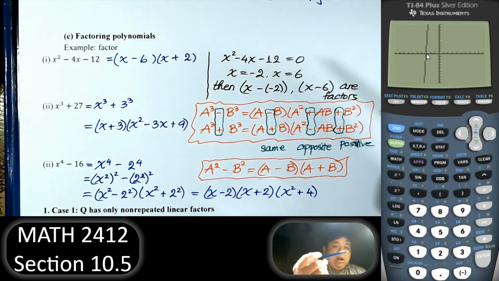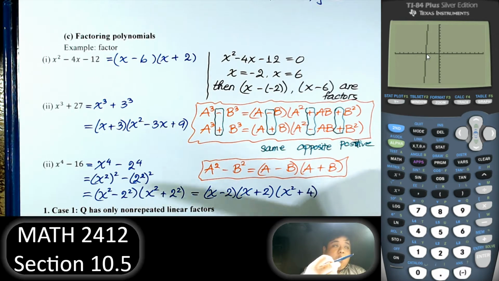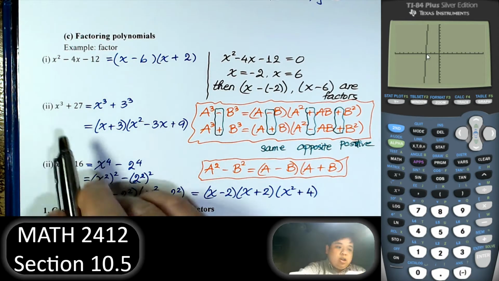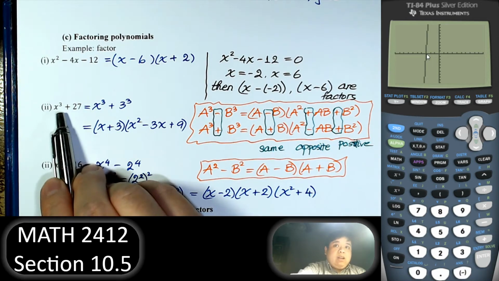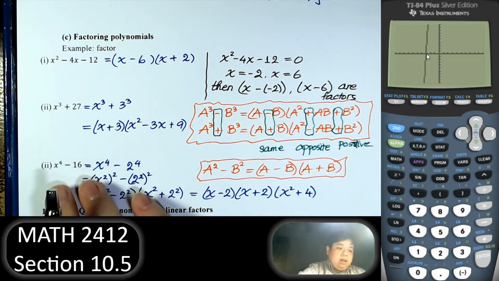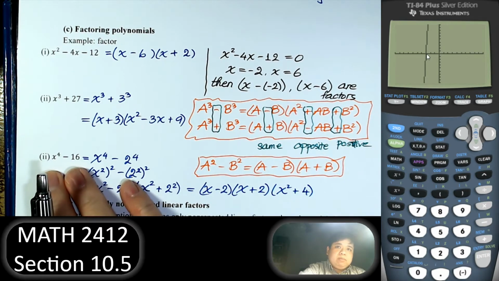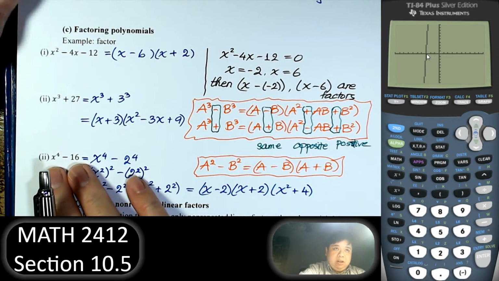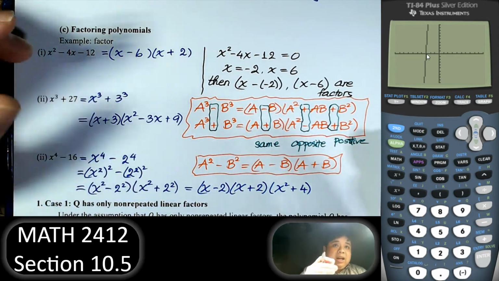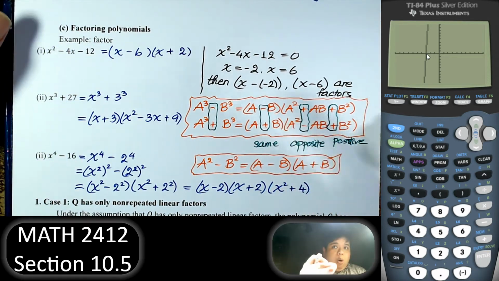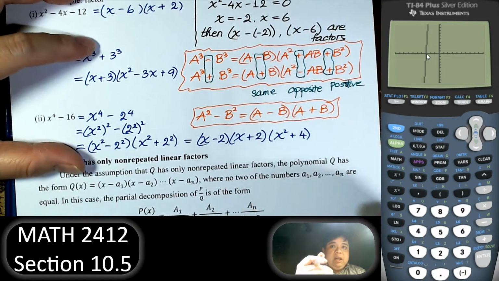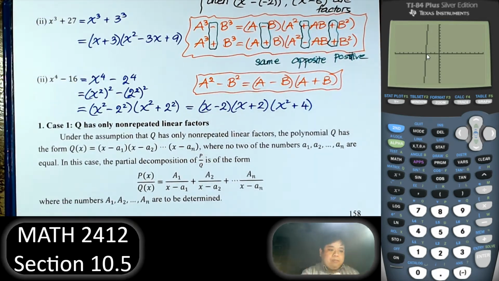If there's a cubic, it should be able to factor into something smaller. Same thing for higher degrees, it will break down into linear or quadratic factors. Right.